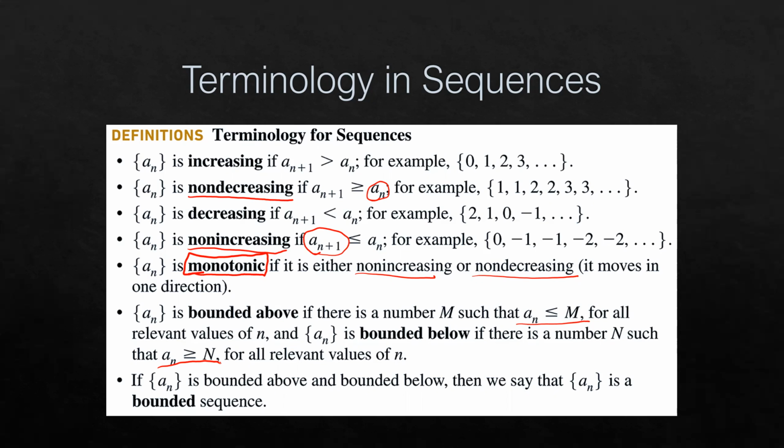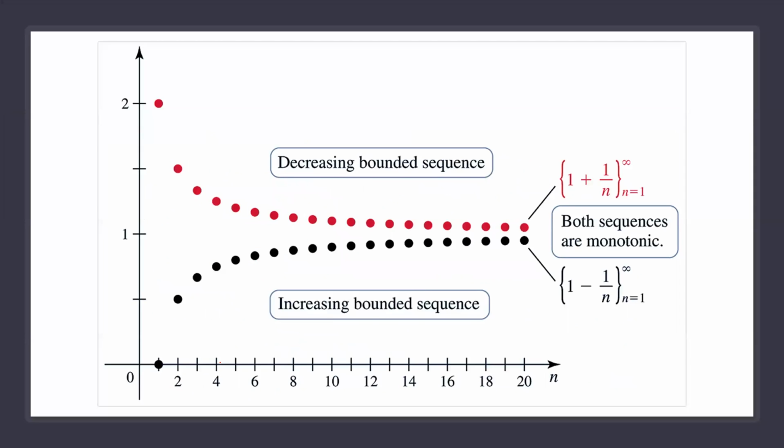Okay, now, a theorem that is almost as critical as the squeeze theorem in limit laws for sequences is a theorem that will say this. Let's just take a look here and digest the terminology that we just went through. The red is a decreasing bounded sequence.